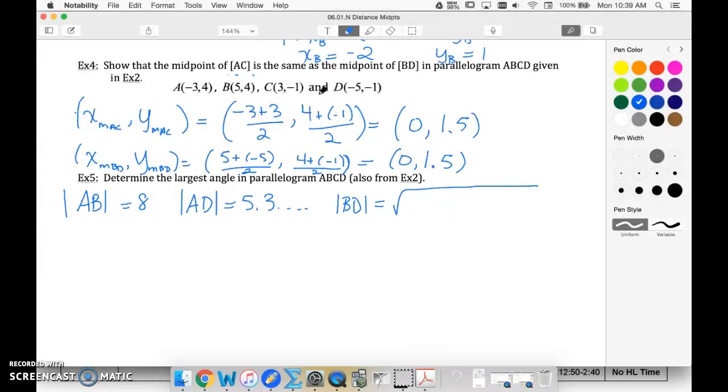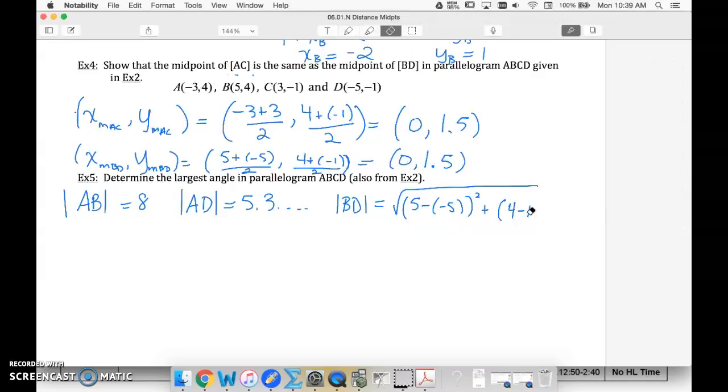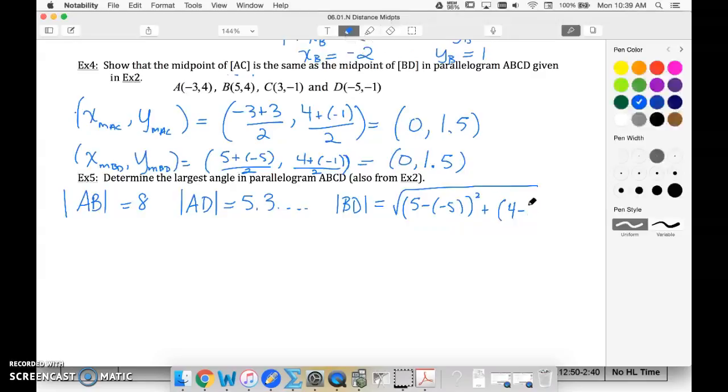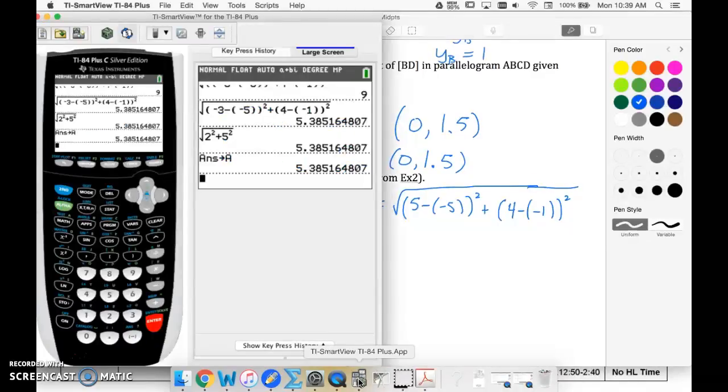So I've got my points here. BD, 5 minus -5. Square that whole thing. Plus 4 minus -1. Oops, 4 minus -1. Square that whole thing. And that's going to give me my length BD.